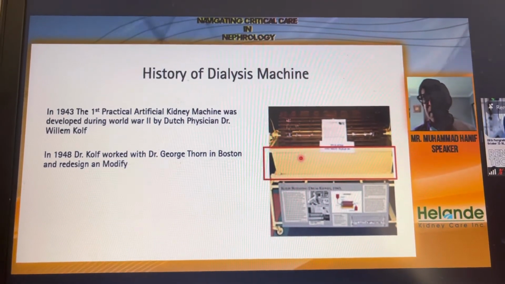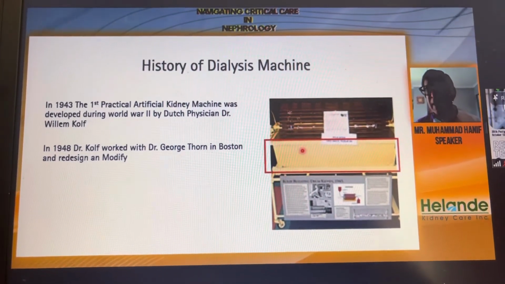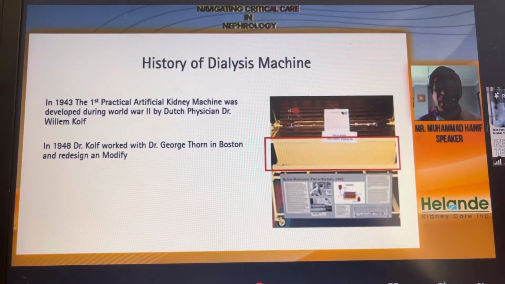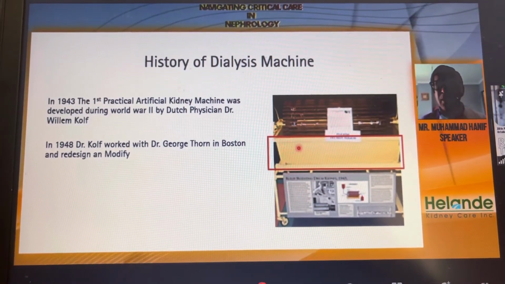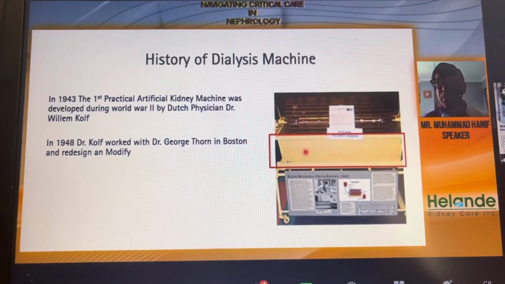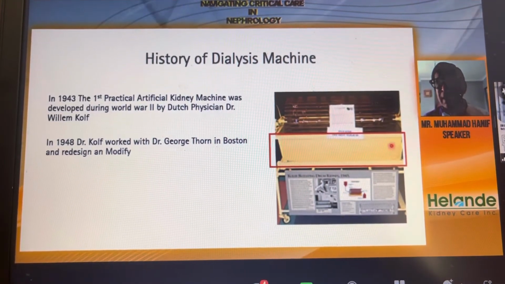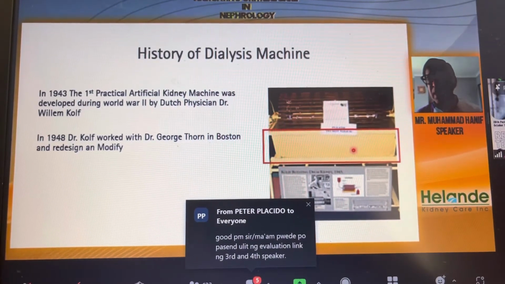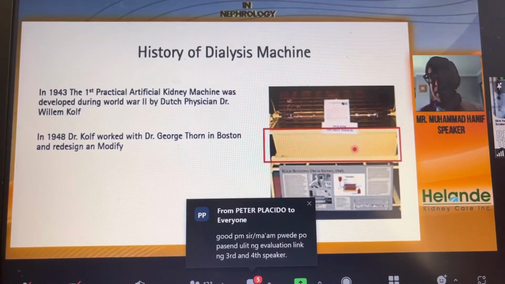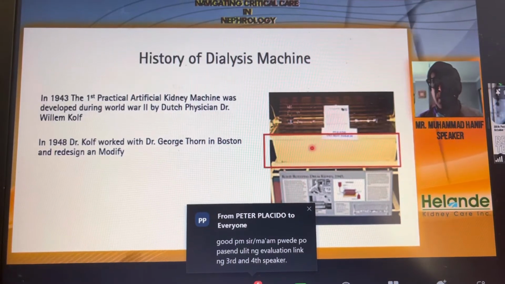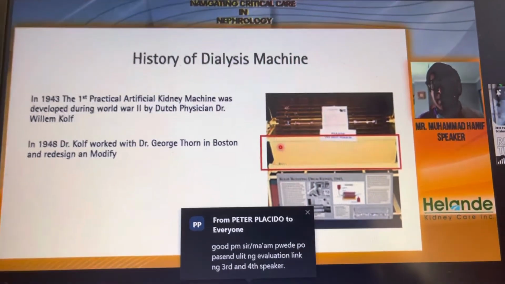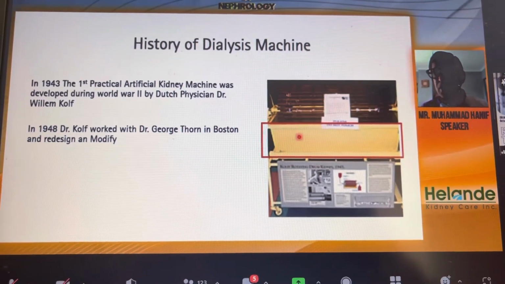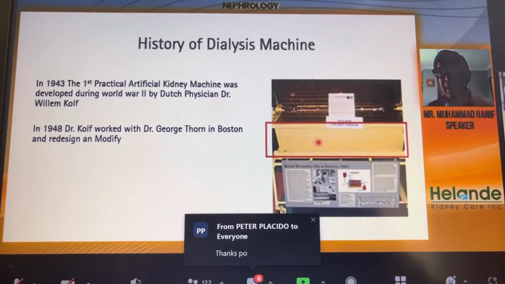Today the machines are so advanced that they can prepare their own dialysis fluid. But in 1943, they didn't have this luxury. Just imagine, we now have acid concentrate and bicarbonate separate and mixed together. But in the past, they had only one option, and the option was just to prepare the dialysis solution in the bathtub.